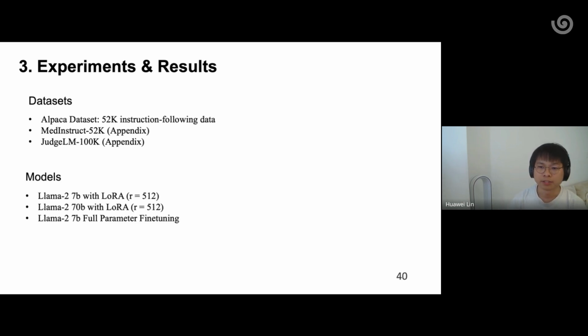We also use different models, including Llama 2 7 billion with LoRA and 7 billion with full parameter fine-tuning. We set r equals 512 for LoRA, rather than r equals 8 or 16 of regular LoRA, because we want to use a larger r to get a higher dimensional LoRA to evaluate our method. It's more challenging.